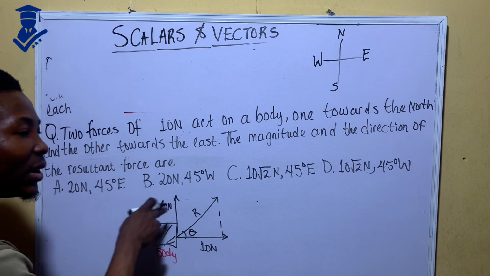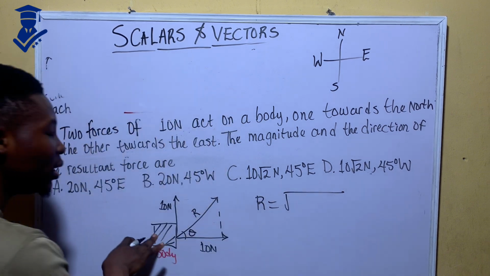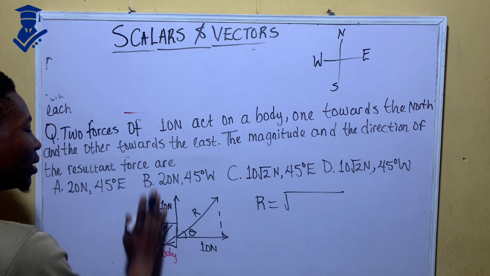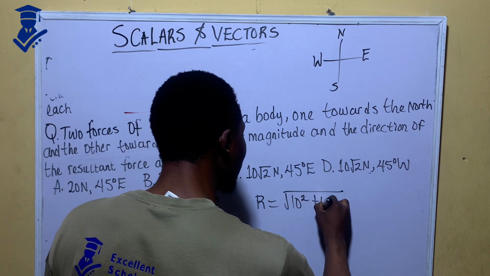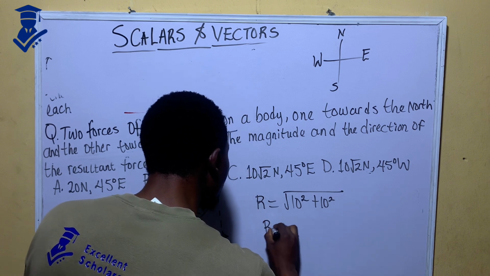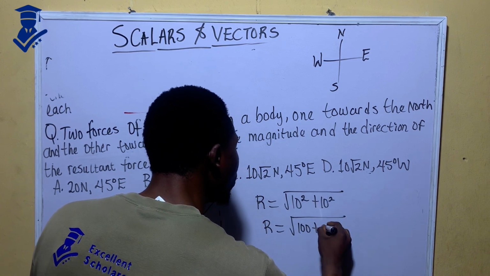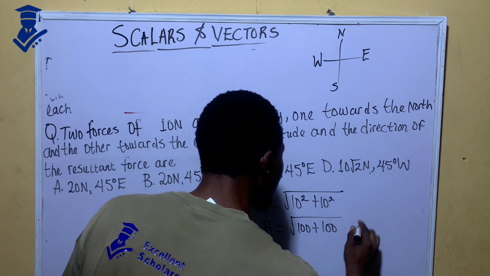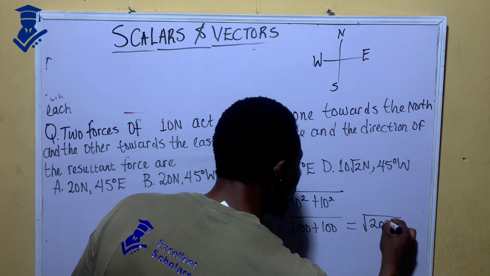Now, for us to find the resultant, how do we do that? The resultant will be equal to the square root of the horizontal component squared plus the vertical component squared. That's 10 squared plus 10 squared. So R is equal to the square root of 100 plus 100, which gives us 200.